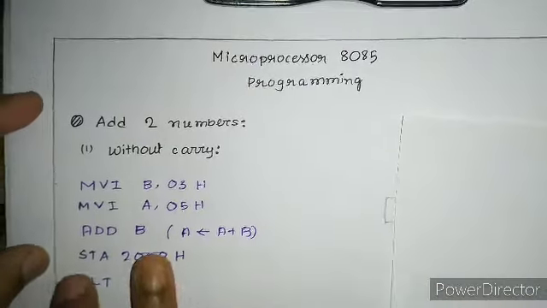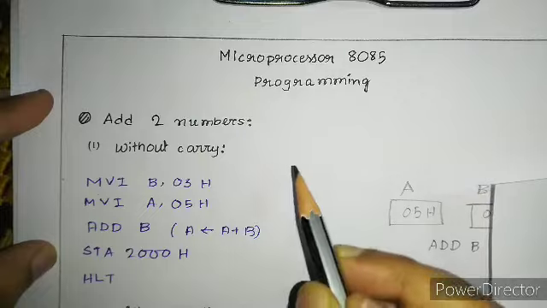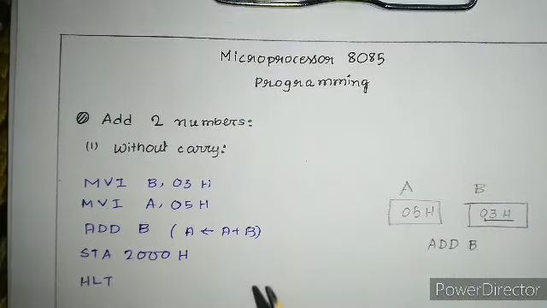Okay, so as I've done here, MVI B, 03H. So in B register, we have stored 03. Then we all know that whenever we do summation, it works as an implied addressing mode, that one number has to be stored at the accumulator.